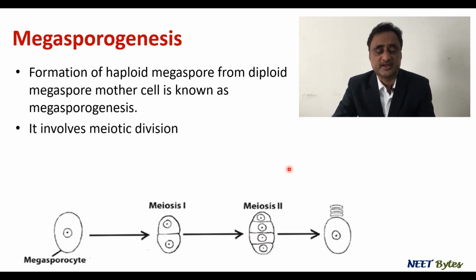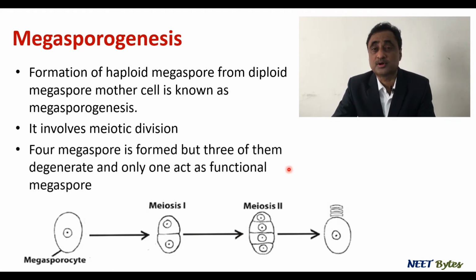As a result of meiotic division, 4 megaspores are going to be formed, but out of those 4 megaspores, 3 degenerate and only 1 survives to form the functional megaspore. Later on, this functional megaspore participates in megagametogenesis, right? So in megasporogenesis, what we have learned is that one functional megaspore is going to develop from the megaspore mother cell by a meiotic division.